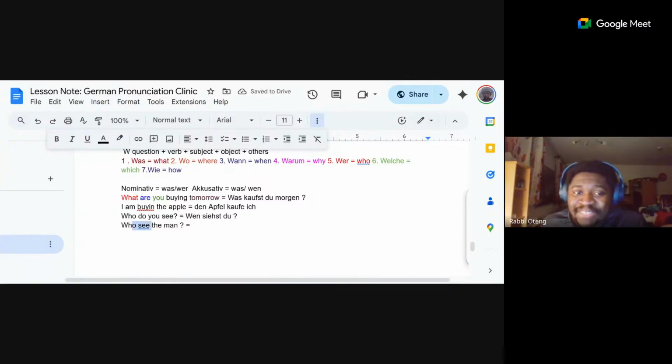Basically, the verb comes after who. So who is performing the action here? But in the earlier one the verb comes after you, the person performing the action. So this one is "wer", "wer sieht", and I said it's always conjugated at third person. So "wer sieht", then the man here is what? The direct object. "Wer sieht den Mann?"